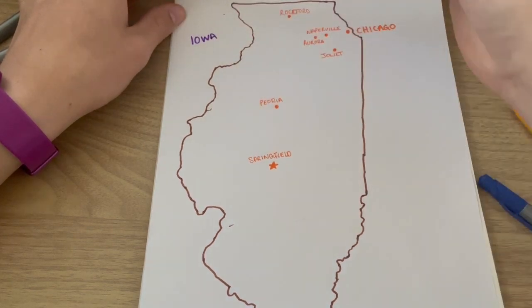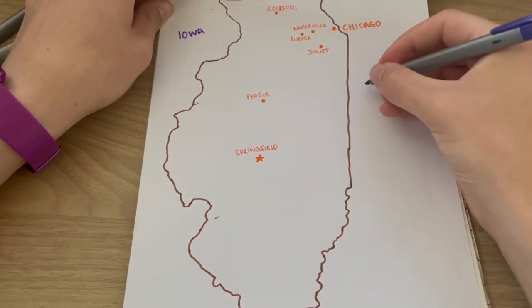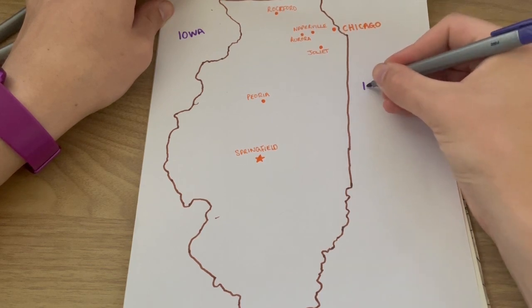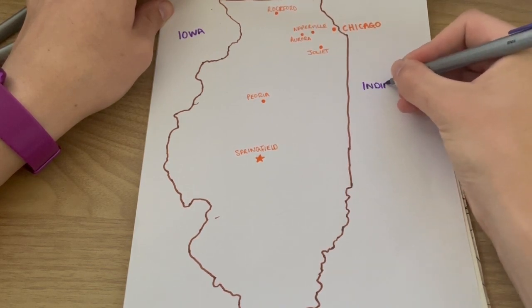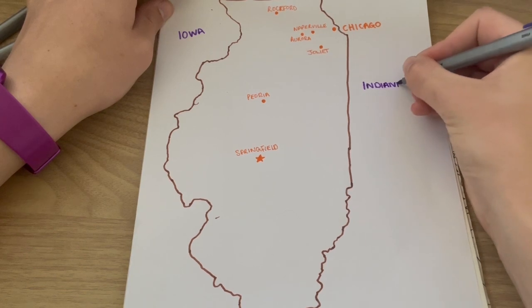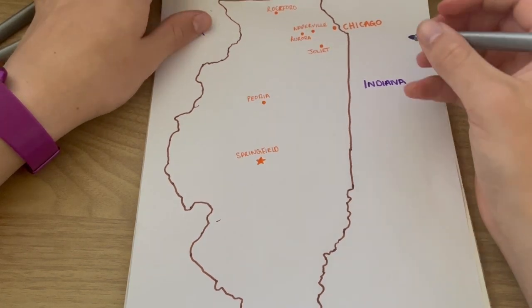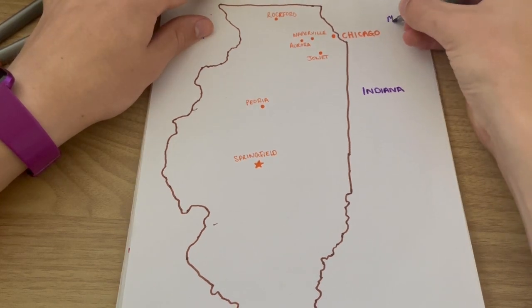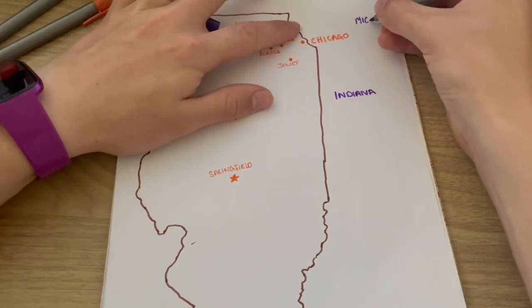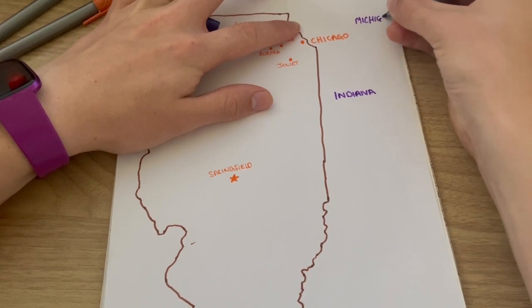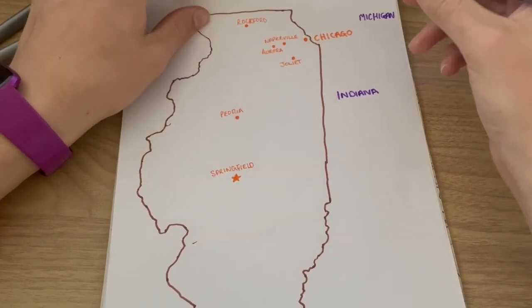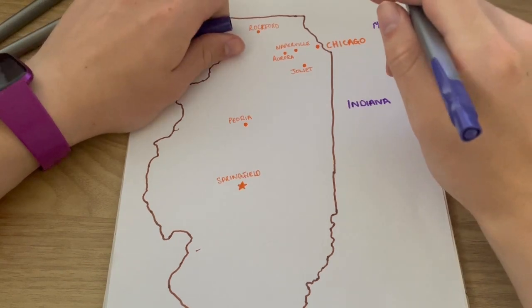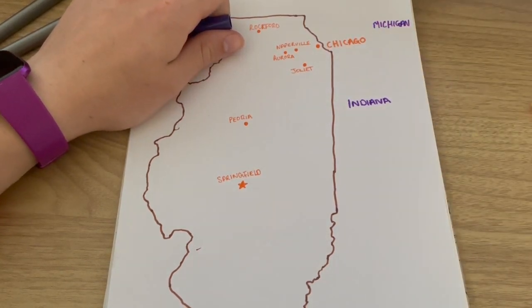So Iowa is there. Immediately to the east we have Indiana. Up here we have Michigan, something like that.